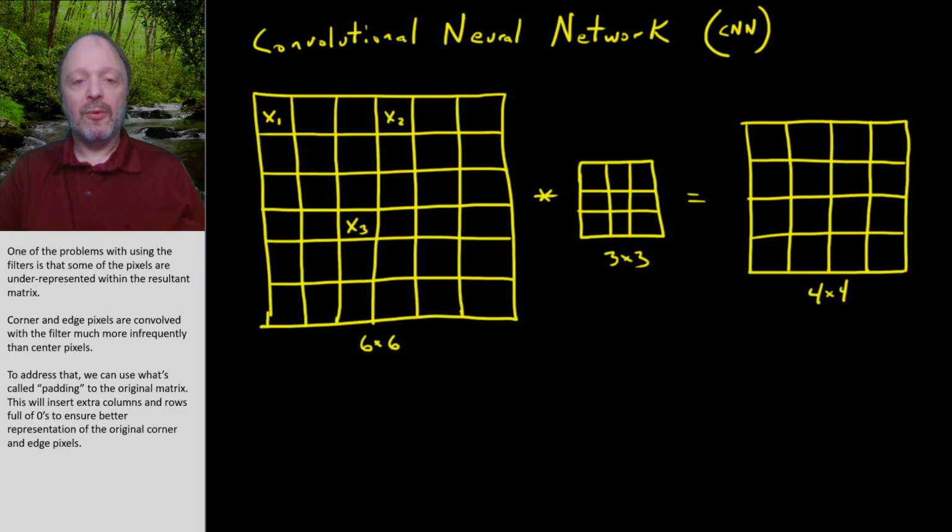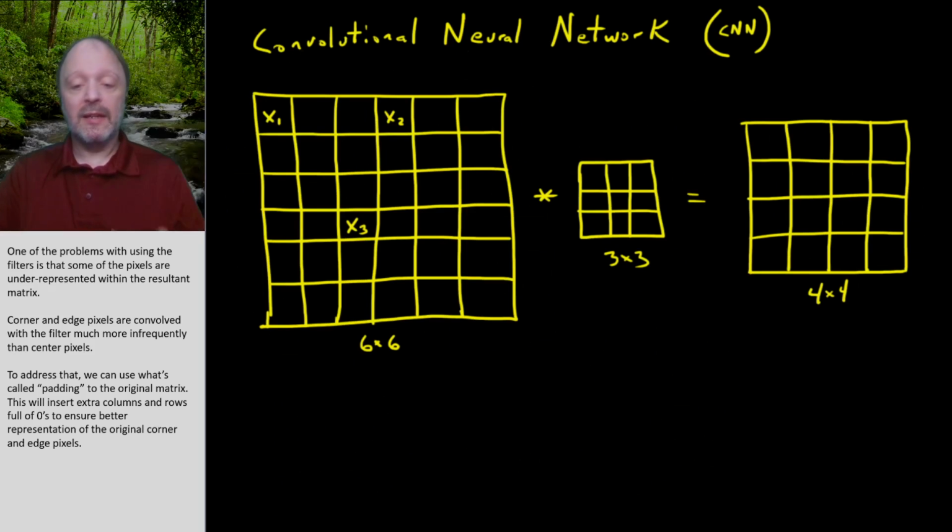So here's where one of the problems comes in with doing these filters and using them for the convolutional neural network. You start running into some issues with how many times a pixel is actually counted, how many times it's interacted with by the filter.